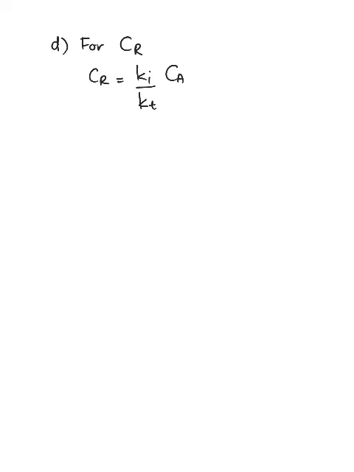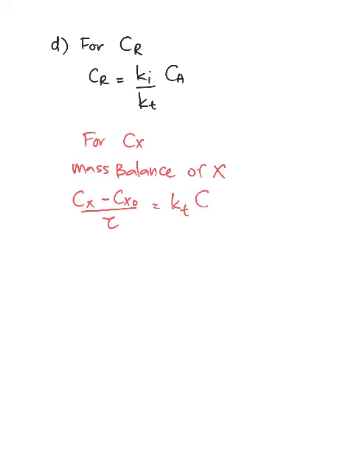For CX, the mass balance of X, which also answers question A: CX minus CX naught per tau equals KT CR. But the initial concentration of X is, of course, equal to 0.